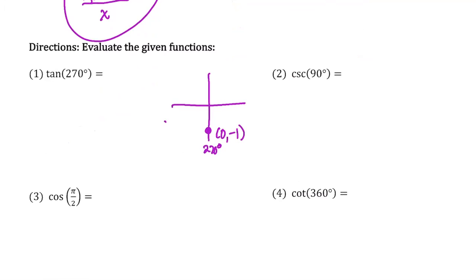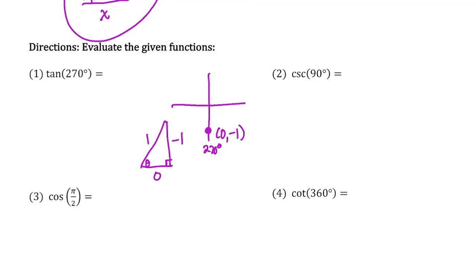Off to the side, I'm going to draw a mock triangle. The horizontal piece, my x coordinate, is 0, and I'm going down 1. And my hypotenuse is always going to be a value of 1. So when we evaluate tangent of 270, we can still use the concept of opposite, hypotenuse, and adjacent.